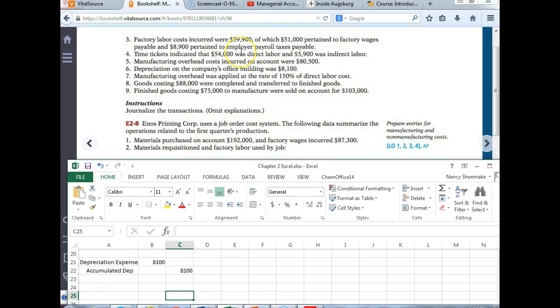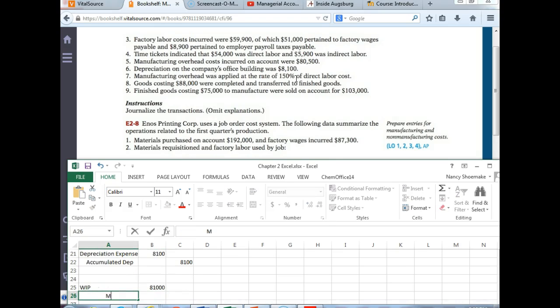So if the manufacturing overhead was applied at 150% of direct labor, we're going to go WIP, work in process, for how much? $54,000 times 150% is $81,000, and we credit manufacturing overhead, right, of 81, right?